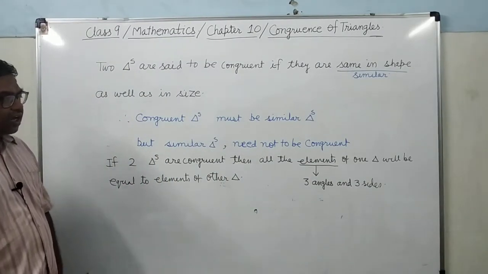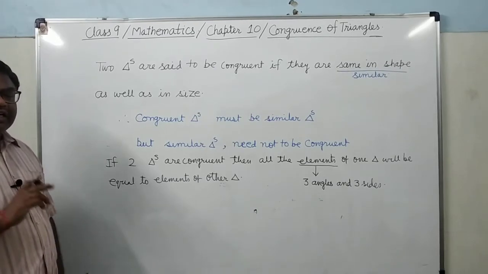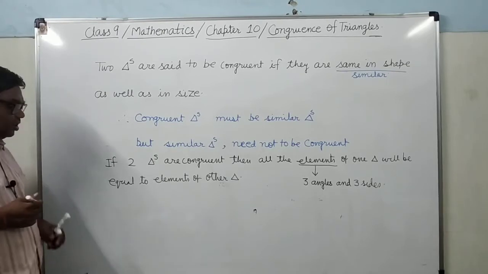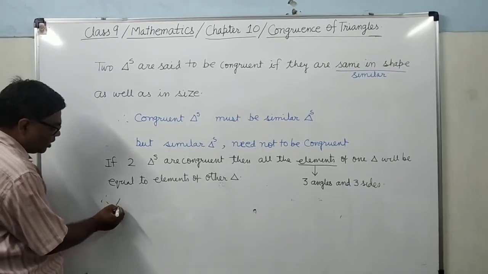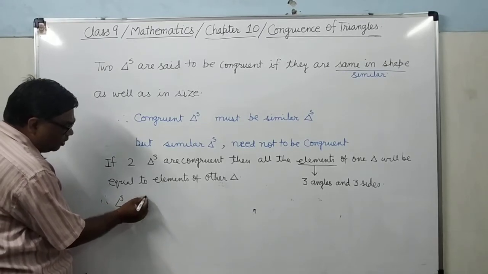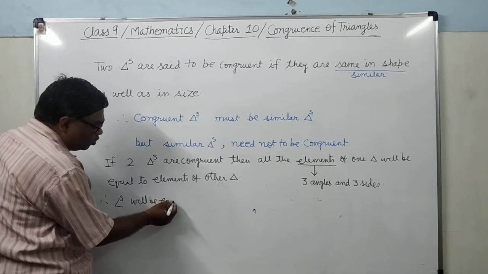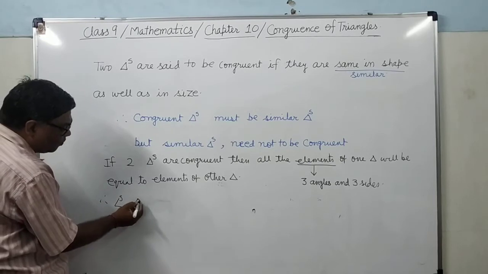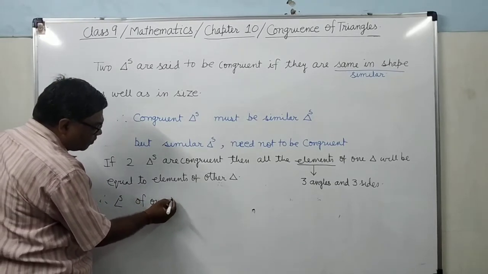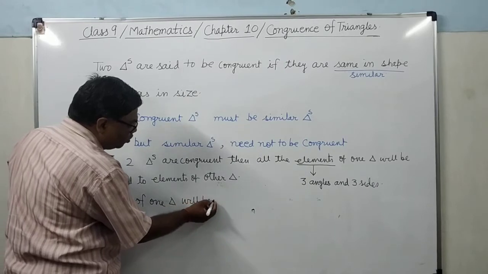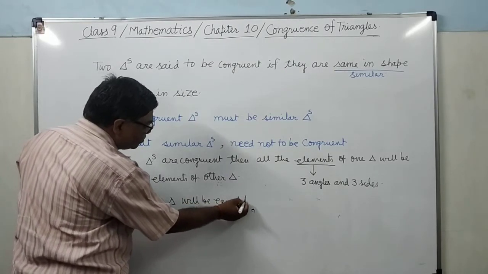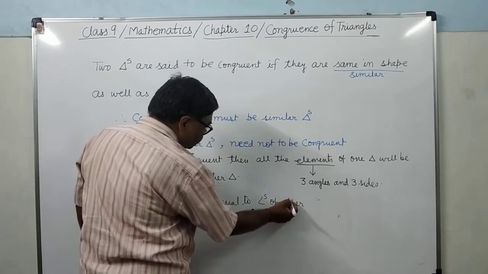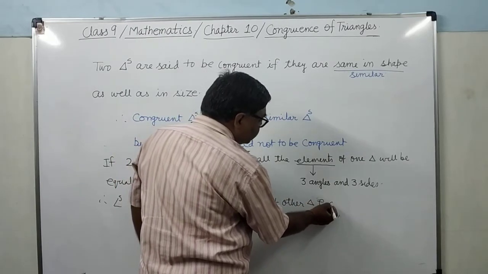So if two triangles are congruent, then angles of one triangle will be equal to the angles of the other triangle, each to each.